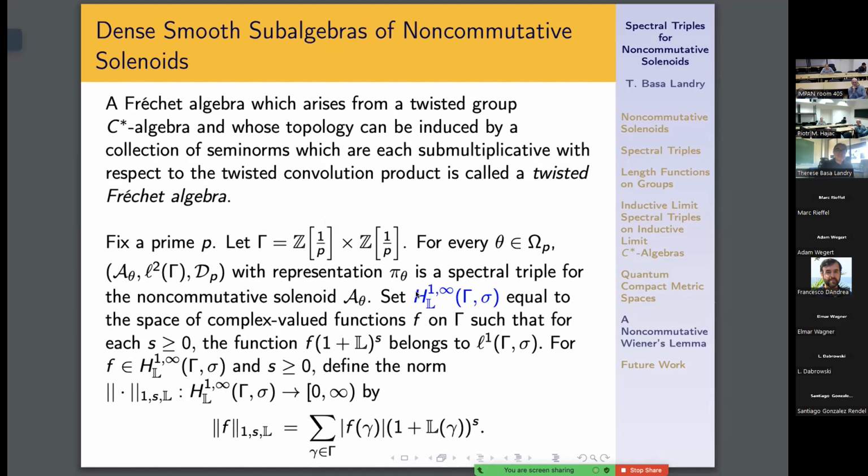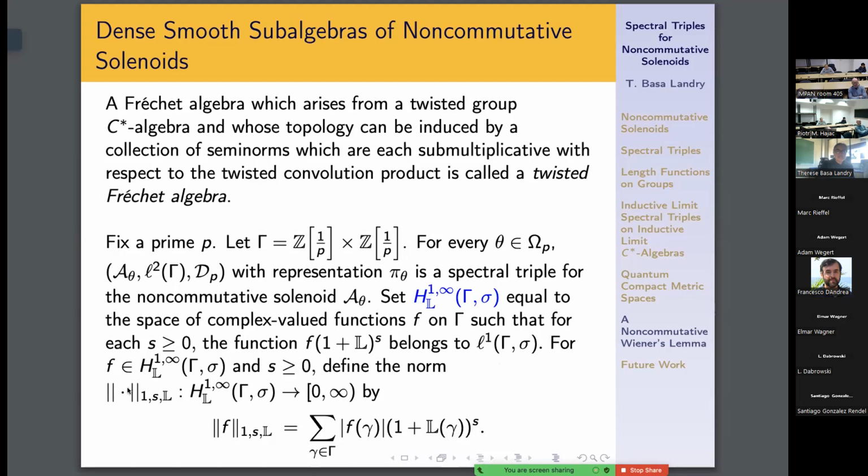We proved a lot of theorems to show that this is the sought after spectral invariant star subalgebra of this theta solenoid. So this is a space of complex valued functions on the group, such that for each non-negative S, this function f times 1 plus the length function to the power of S is a twisted L1 function.